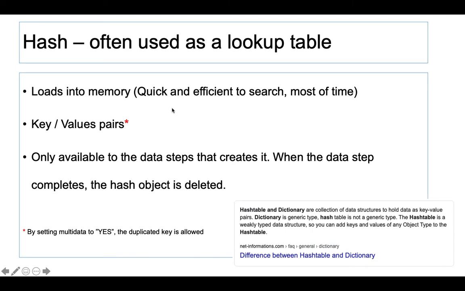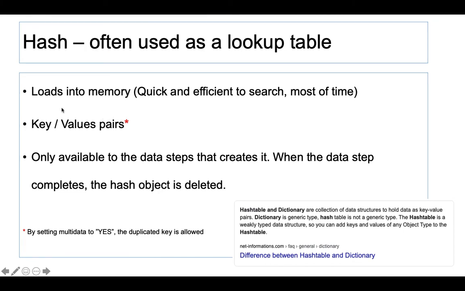This concept is quite similar to a dictionary, and here's a link where you can read about the hash table and dictionary difference, but it's not really a big deal here. Most of the time it's efficient, but that's something you need to be aware of: it's not always fast, right?